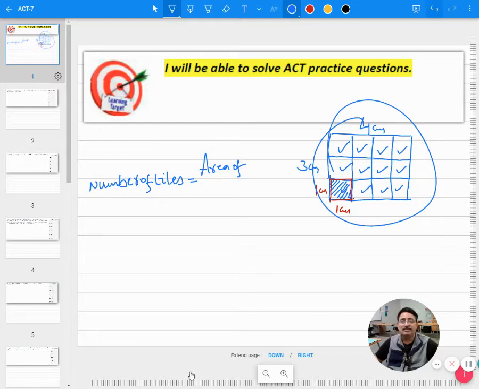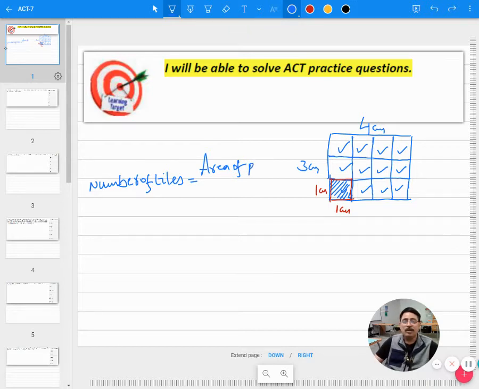Let's say that it is a square, rectangle, trapezoid, whatever it may be. So the area of the polygon is taken first. That is divided by the area of one tile. Area of one tile. Okay.